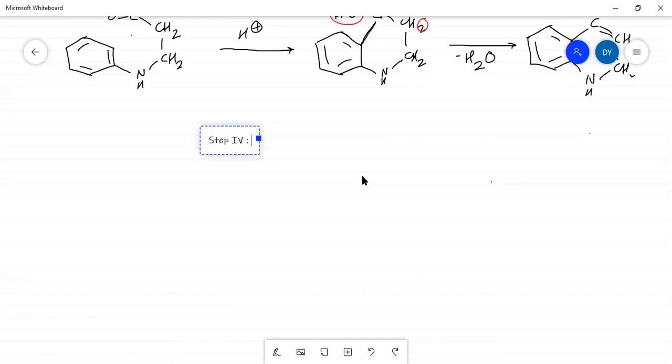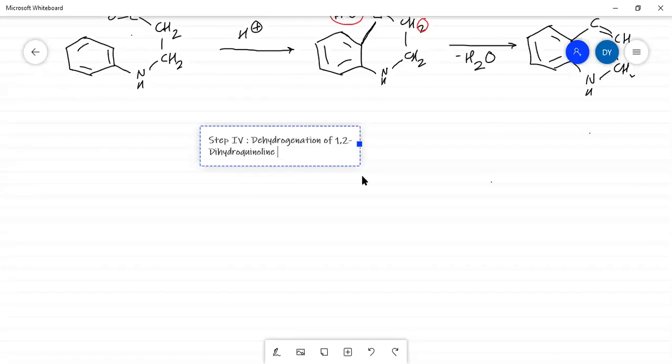Step number 4 is, okay, everyone go to chat and tell me you understand this reaction. In the meantime, I'm going to write down step number 4. Dehydrogenation of 1,2-dihydroquinoline to give quinoline.